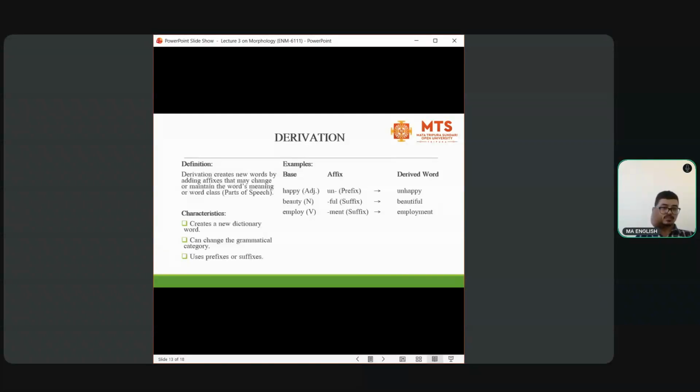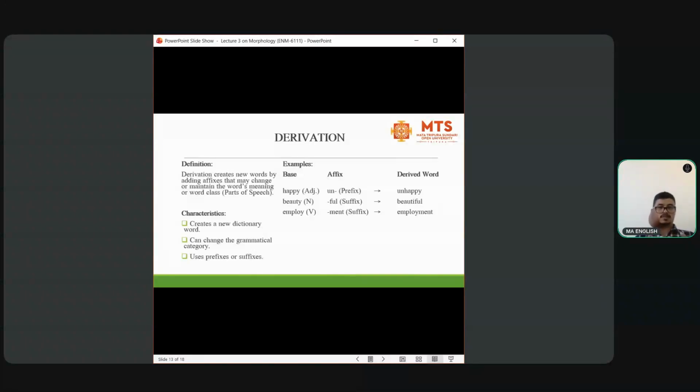Okay, so what are the characteristics of derivations? The first point is it creates new words, right? Next, it can either change or maintain the grammatical category or class, and it can use either prefixes or suffixes, as you can see in the examples.